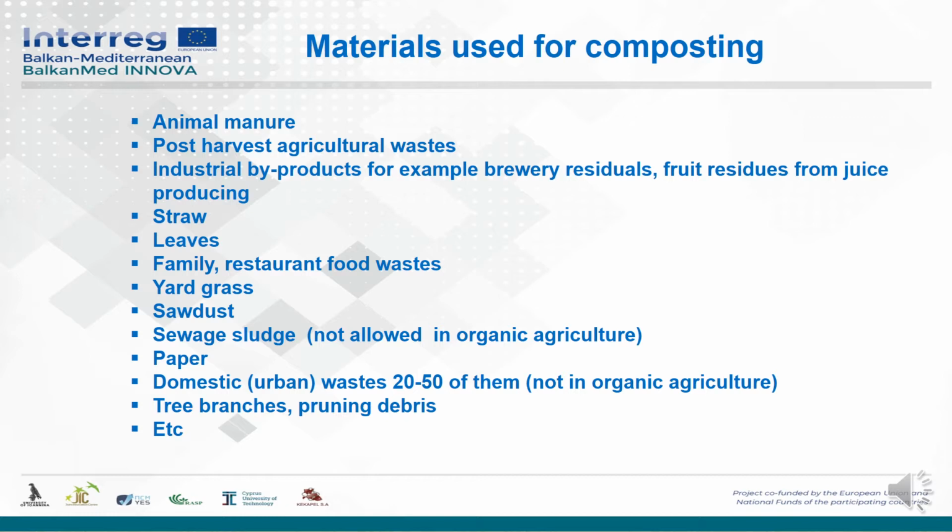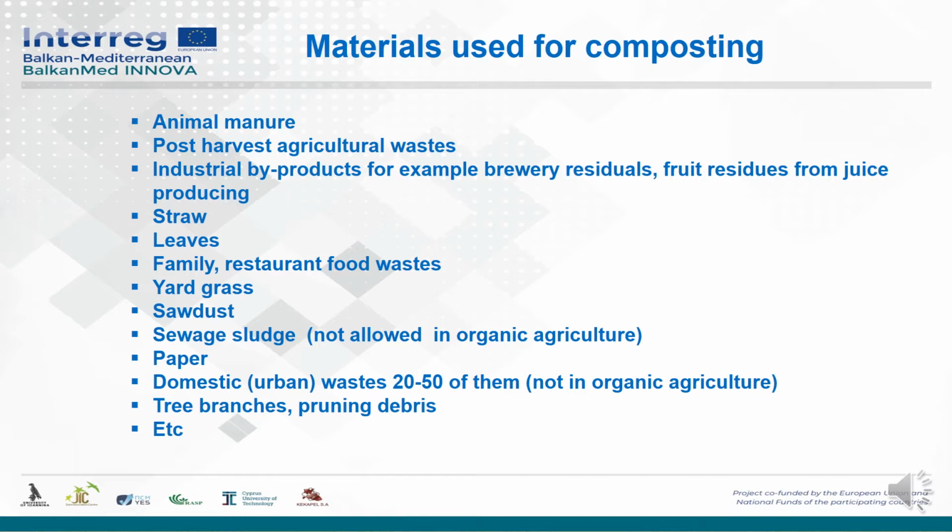The materials can be animal manure, post-harvest agriculture waste, or farm waste, industrial byproducts, for example brewery residues, food residues from cheese producing, straw, leaves, family and restaurant food waste, so waste can be from families, but even from restaurants, and in the case of restaurants we can have higher quantities. Yard grass, sawdust, sewage sludge.